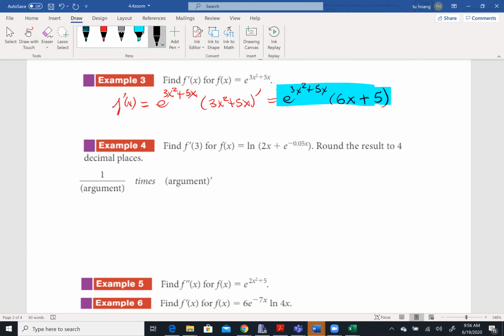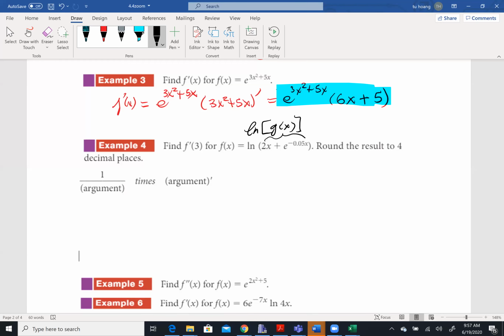In this case, you notice that you have the natural log of 2x plus e to the negative 0.05x, which is also a composition function. When you look globally, it looks like a natural log function, ln of g of x, right?